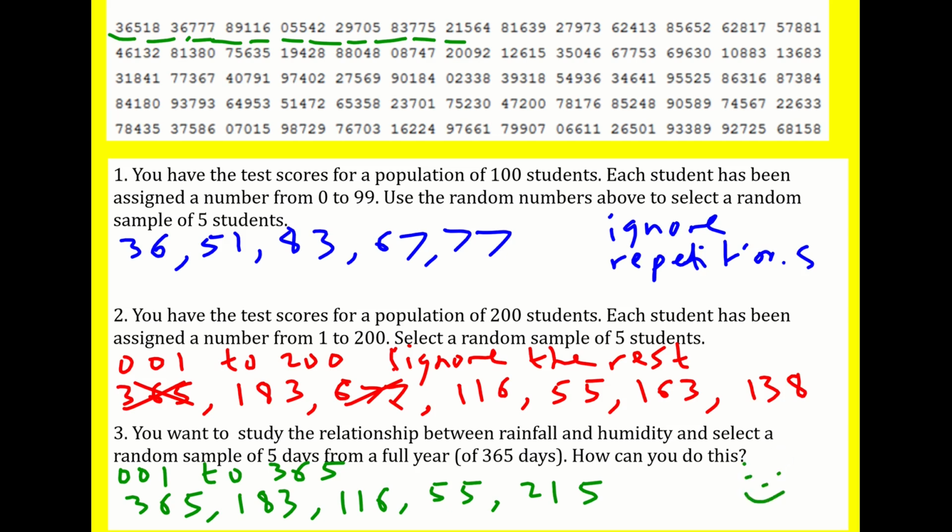I should just say one more thing. I've started with the first digit every time, and if I was to always use this table for all my samples, then it wouldn't actually be random. So to maximize randomness, I could close my eyes and point somewhere and say right, I'm going to start here.